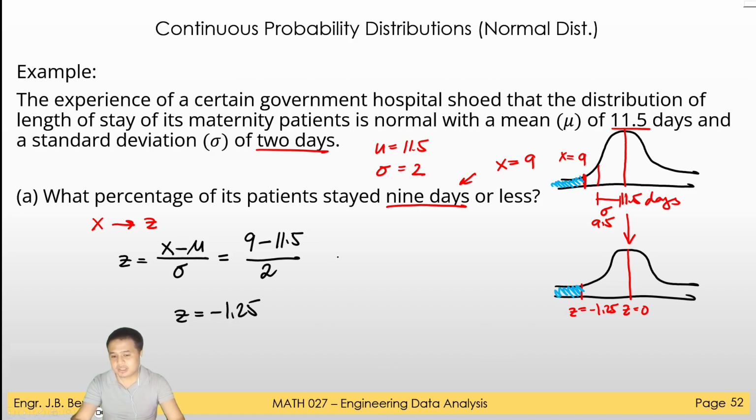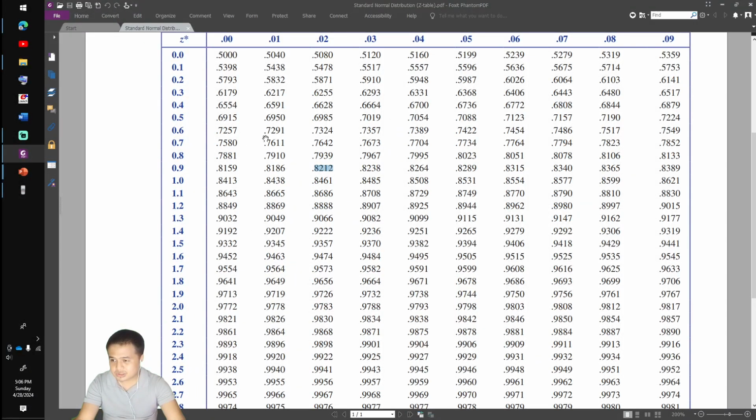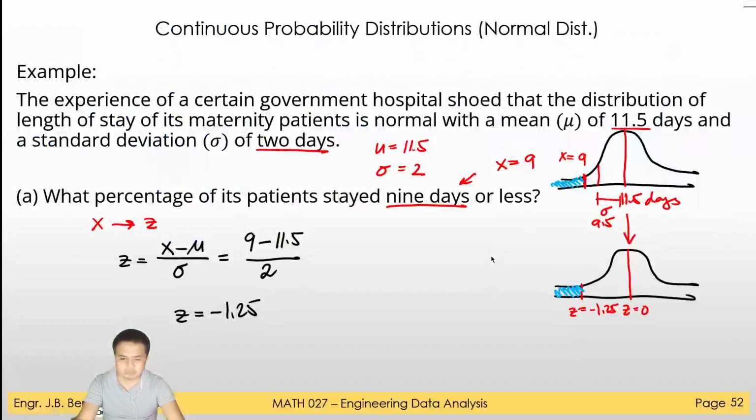To find that area, we can directly use the table, since we already have the z-score. So 1.2 and then 5, so 0.8944. Although this is negative, no? If this is negative, what you have to do is use the complement.